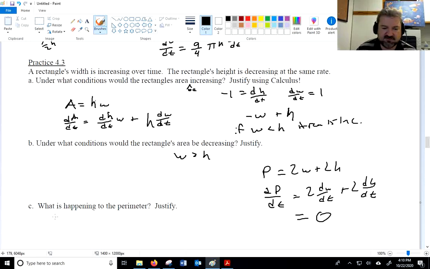So the perimeter is constant, which makes sense because the height and width are changing, one increasing and one decreasing at the same time. But area, not the case. We know that the area is not changing when it's a perfect square, for that one moment in time. But then once width is less than height, the area is increasing again.